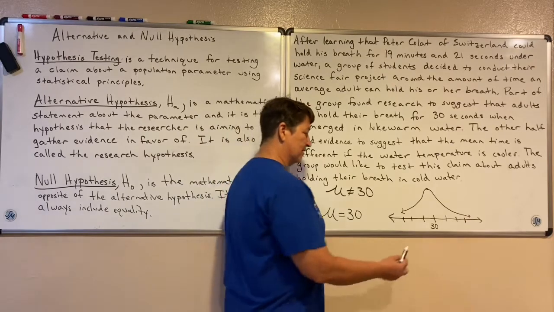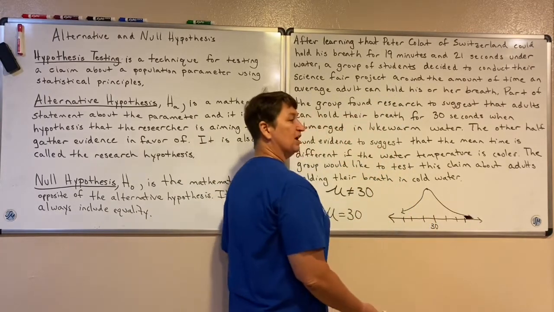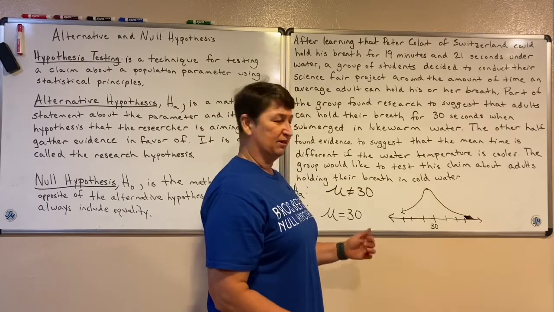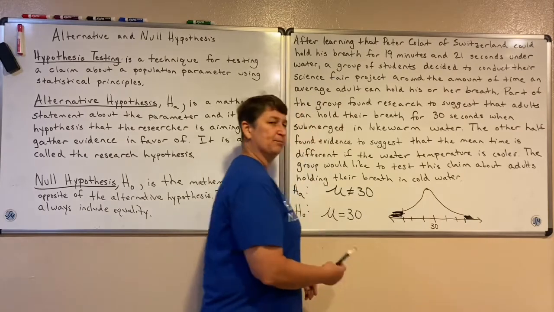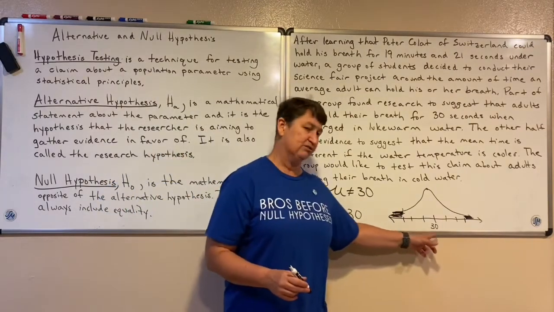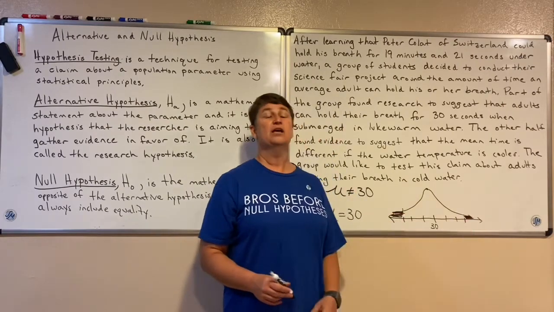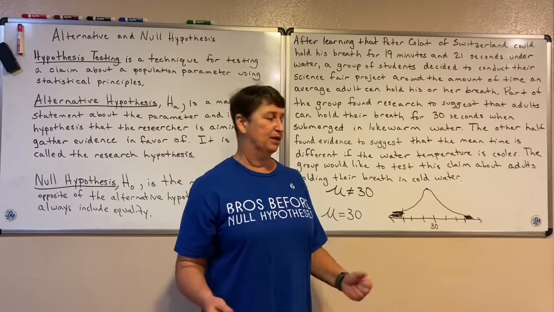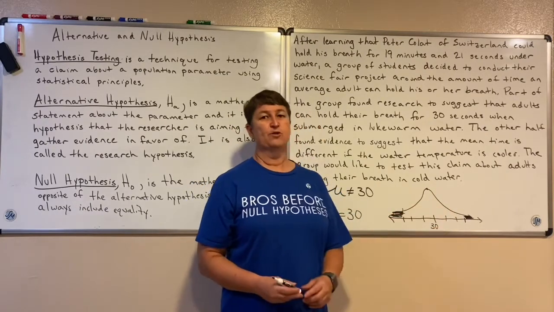But if I get something way out here, then all of a sudden I start thinking maybe that mean is incorrect. Or if I get something way down here, then I start thinking something's a little bit weird. Maybe the mean is not 30 seconds, because that would happen so rarely. It could happen, but it would be evidence against that 30 seconds.